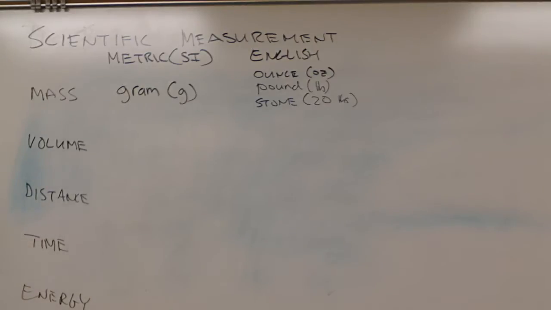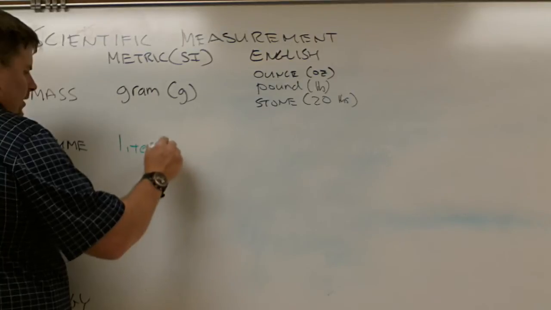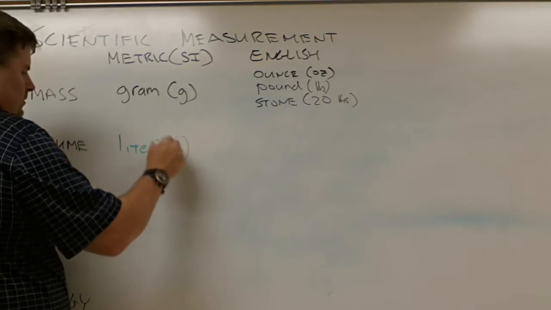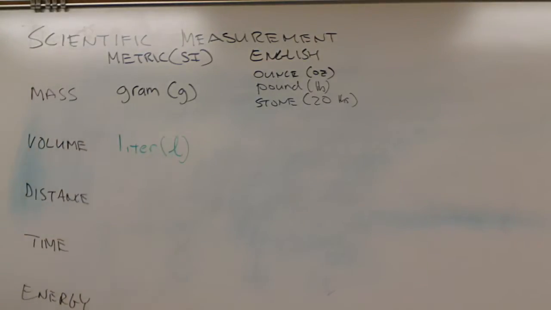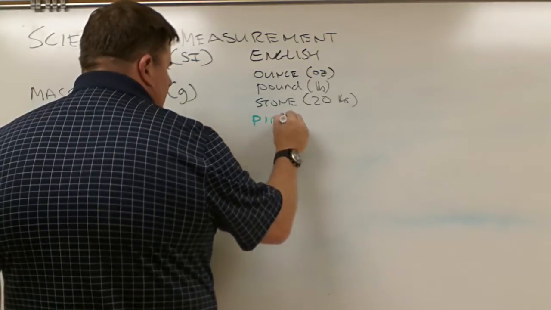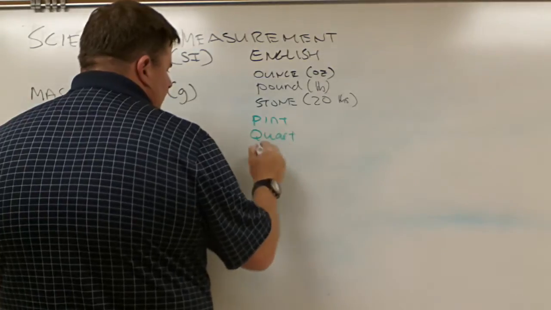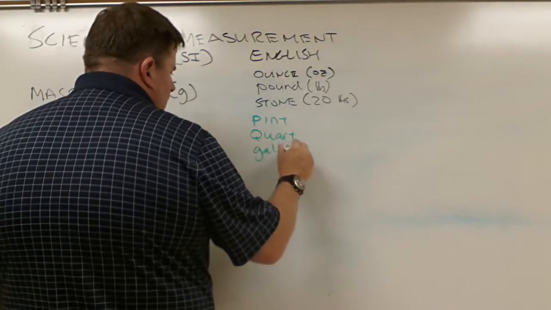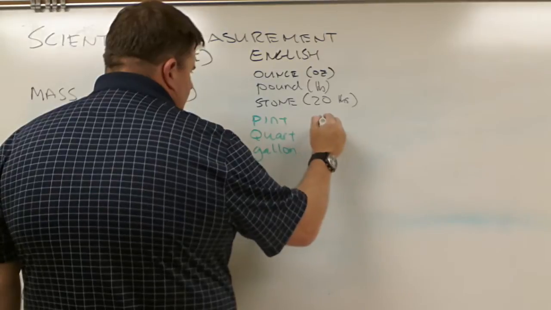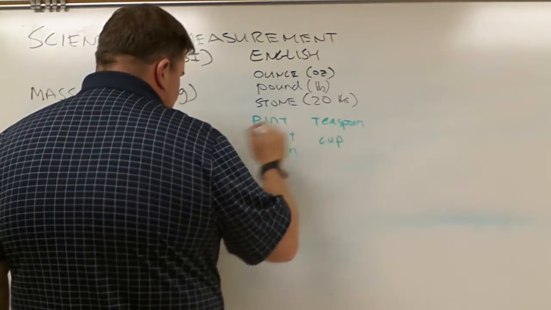When we go to volume in the metric, again, it's easy. It's a liter. The liter is represented as an L. And in the English measurements for volume, we have pint, we have quart, we have gallon, we have teaspoon, we have cup, we have tablespoon.